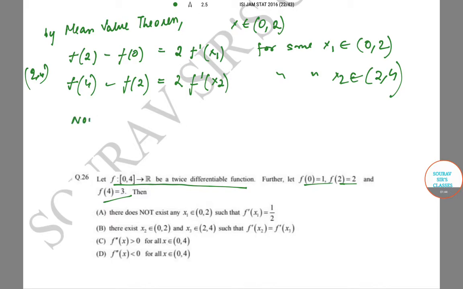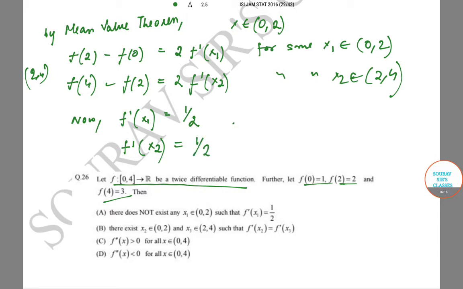Now what is f(2) minus f(0)? It is 1, so f'(x1) equal to half, and f(4) equal to 3 and f(2) equal to 2, so f'(x2) equal to half.